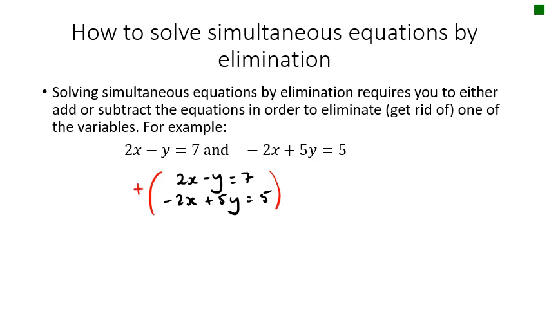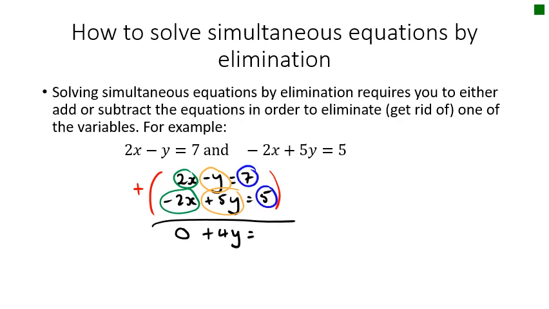And the reason I add them is because when I add 2x and minus 2x, I actually get 0. Now, when I go to add minus y and 5y, I end up with positive 4y. And when I add 7 and 5, I end up with 12.